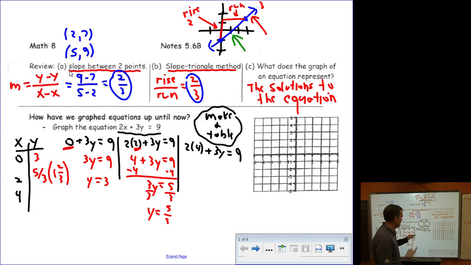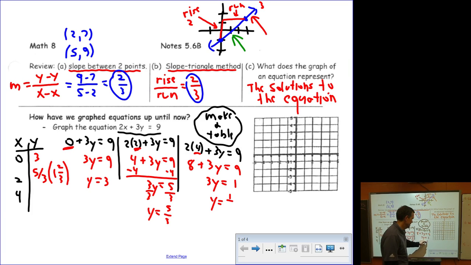And last up, when I put 4 in for x, what do I get for y? I get 8 plus 3y equals 9. I would subtract 8 from both sides and get 3y equals 1. I would divide both sides by 3 and get y equals 1/3.